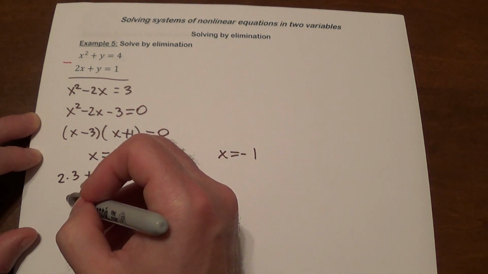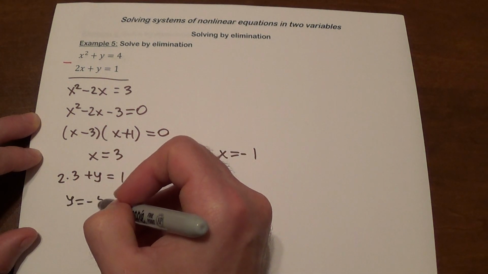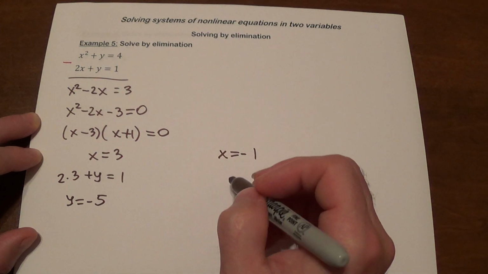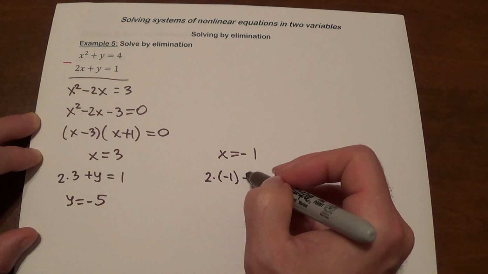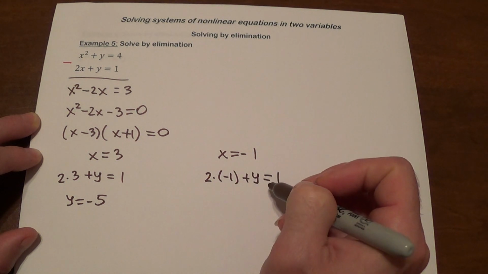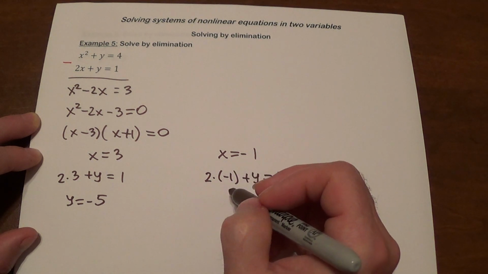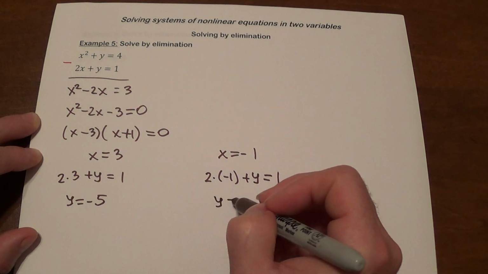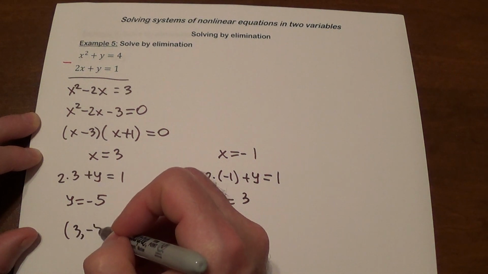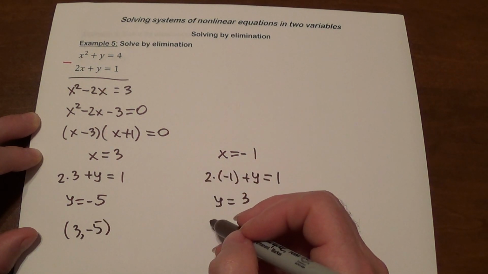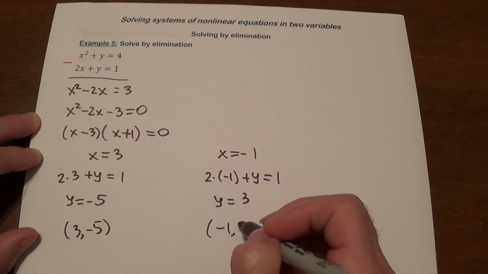When you solve it, y = −5. For this one, 2 times −1 plus y equals 1, and it's going to give us y = 3. So we have (3, −5) as one solution, and the other one is (−1, 3).